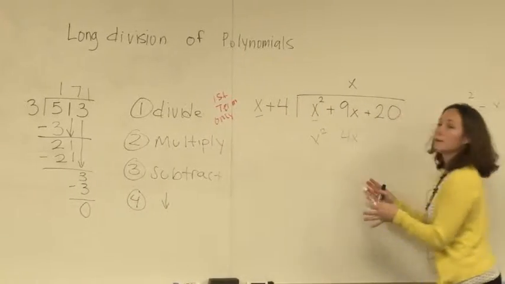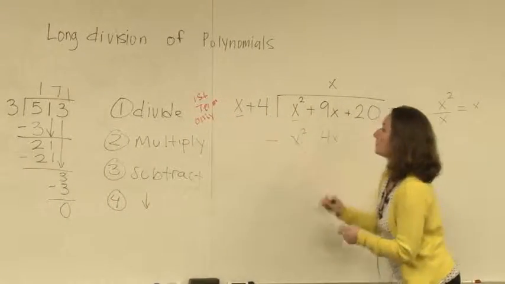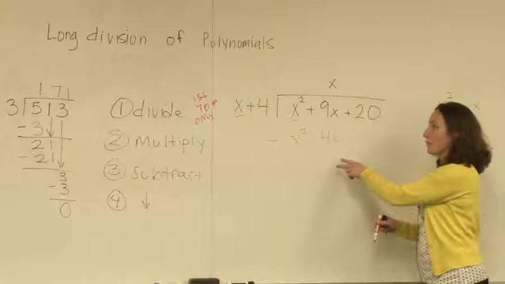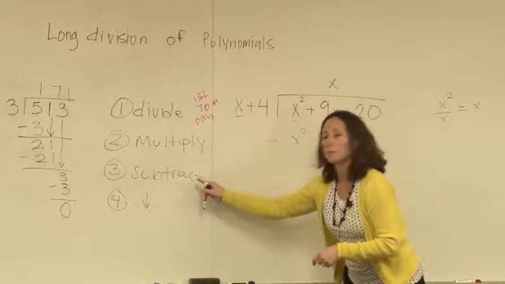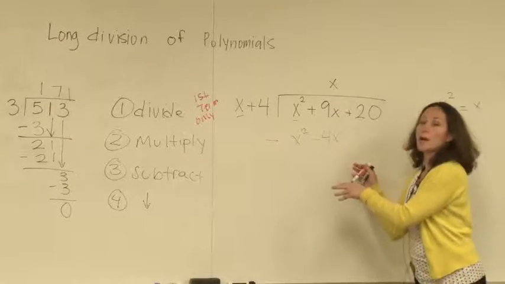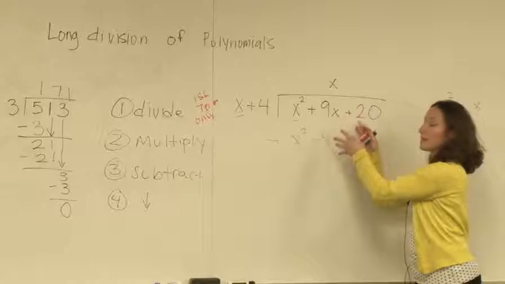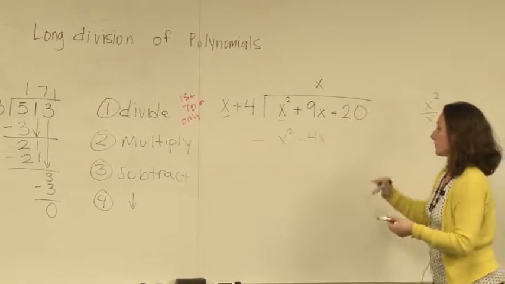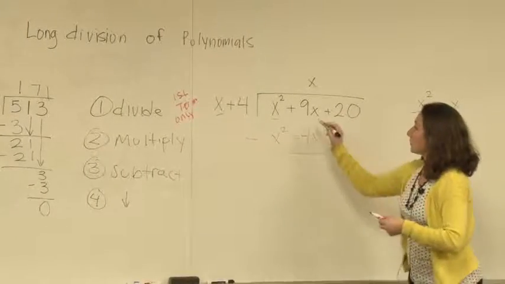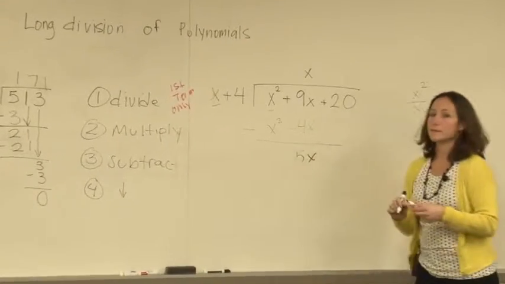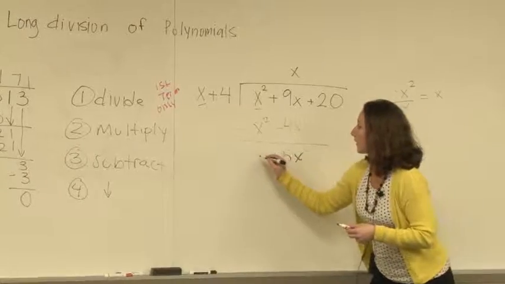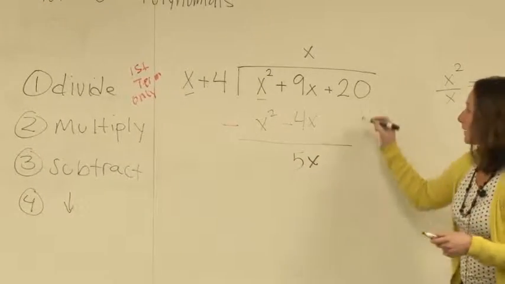Over here, if I were just to write subtraction once, I may not remember to subtract both columns. So when I'm subtracting here, I make an important point to subtract both columns. So I'm subtracting the x terms and the x squared terms. All right. So 9x minus 4x gives me 5x. And x squared minus x squared is 0. So I'm not going to write it.